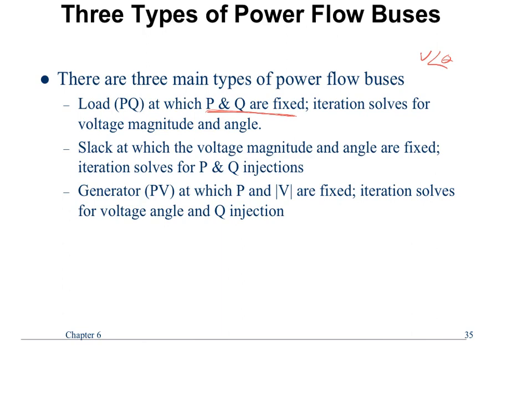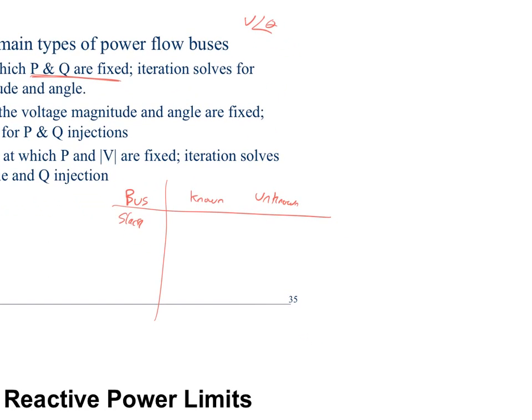So let's do a table. So we'll specify the bus type. We'll specify the known, the unknown, and then anything else we'll need. So if it's a slack bus, what do we know at a slack bus?